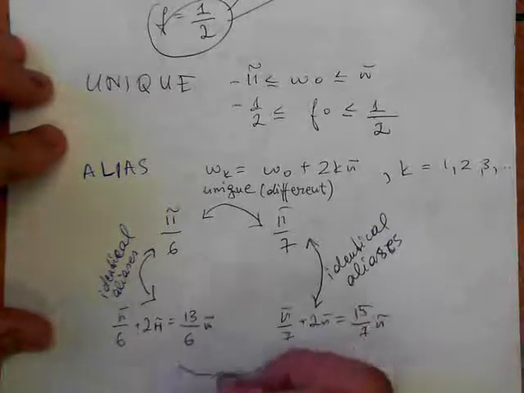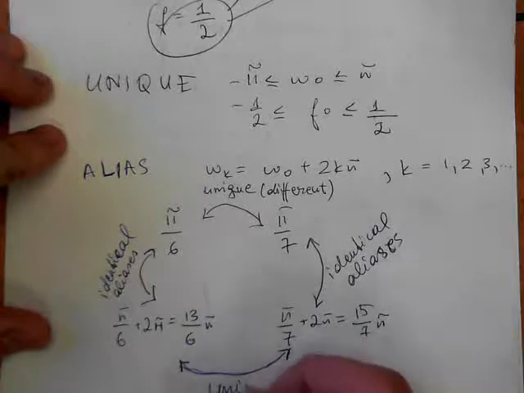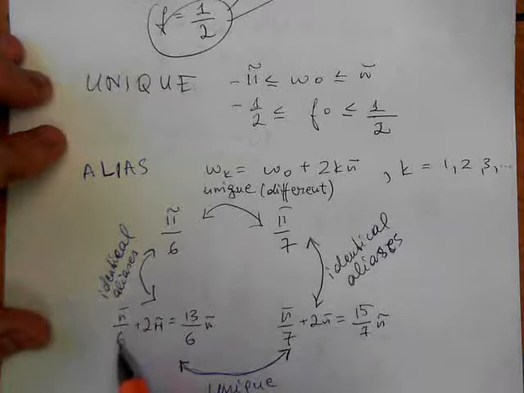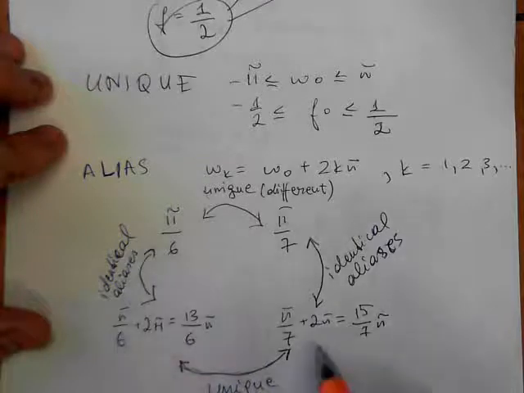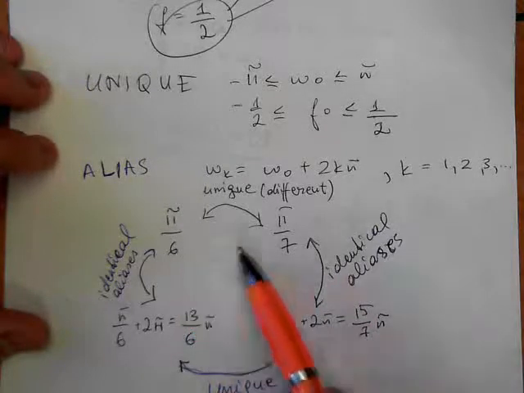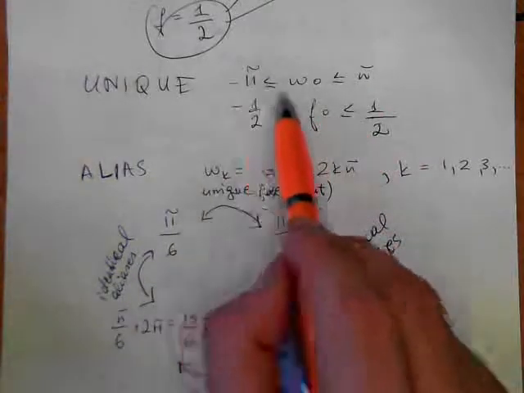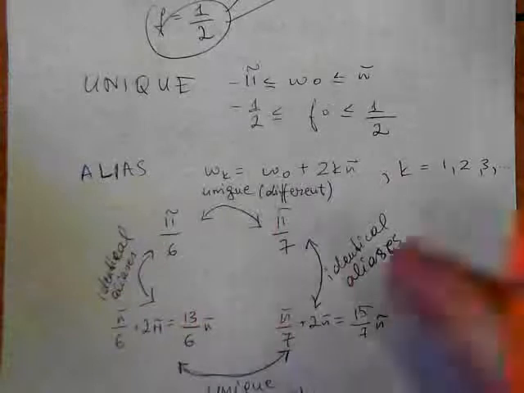But these two, they are what? They are also unique. Yeah, because they come from different initial signals. They are unique, they are different. But basically you need to know that pi divided by 6, pi divided by 7, pi divided by 8, anything that is between minus pi and pi, they are unique.